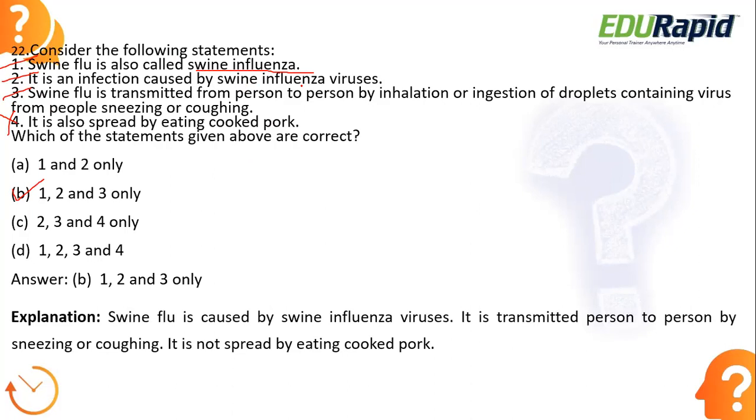Swine flu, generally we call it as such, is caused by a virus. And how does it enter our body? These viruses may be present in the air that we breathe in. While coughing or sneezing, an infected person's droplets enter the air.